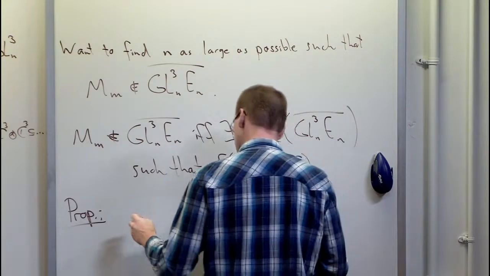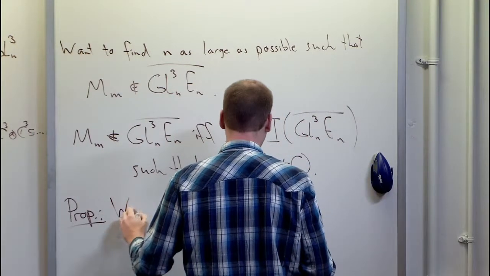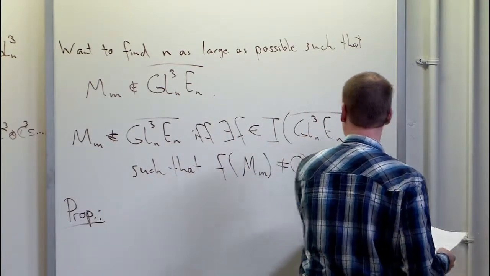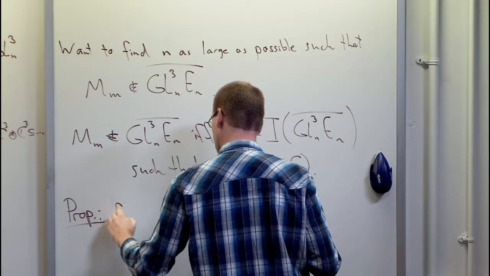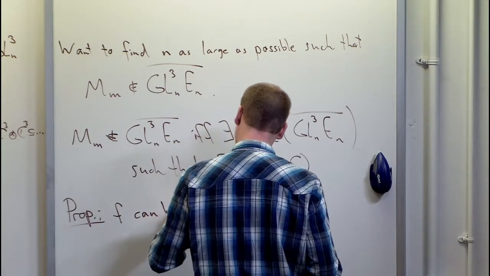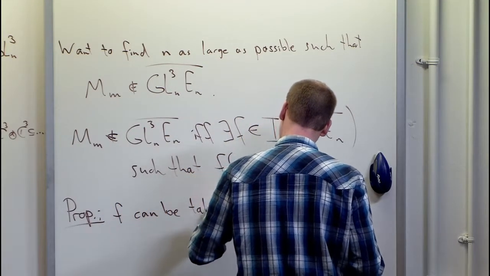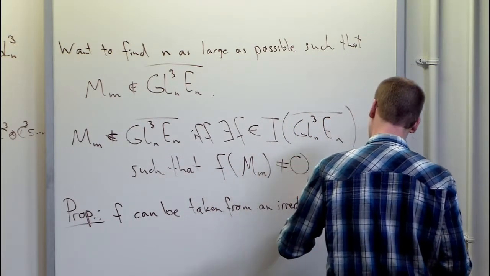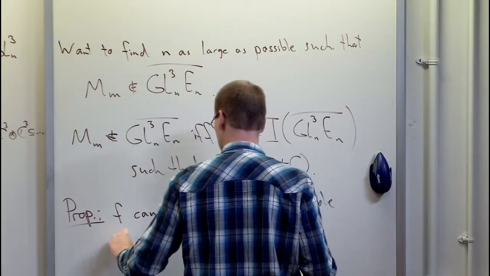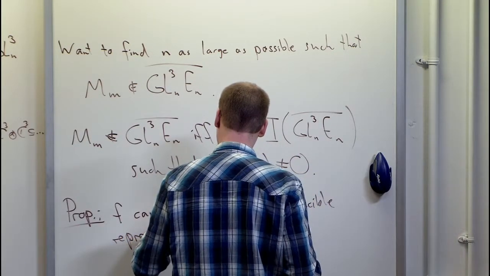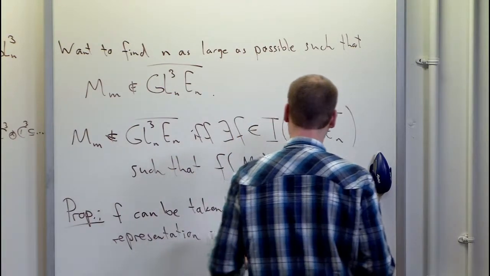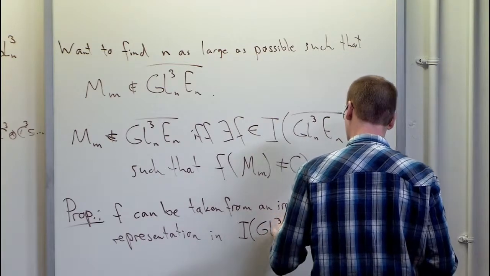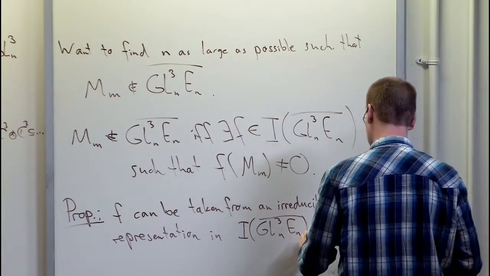So the proposition is that f can be taken from an irreducible representation in this vanishing ideal. There's structure on the vanishing ideal, and we can use that.